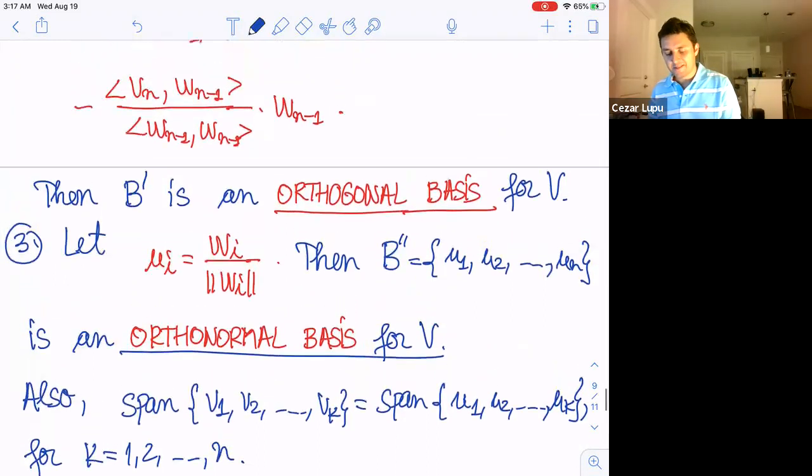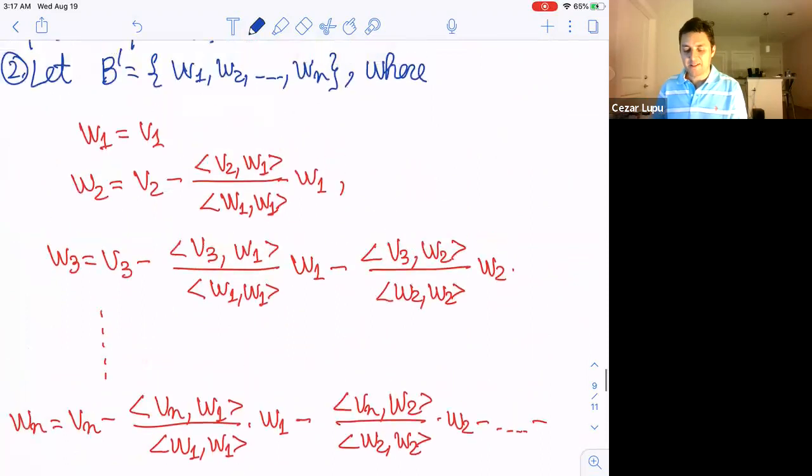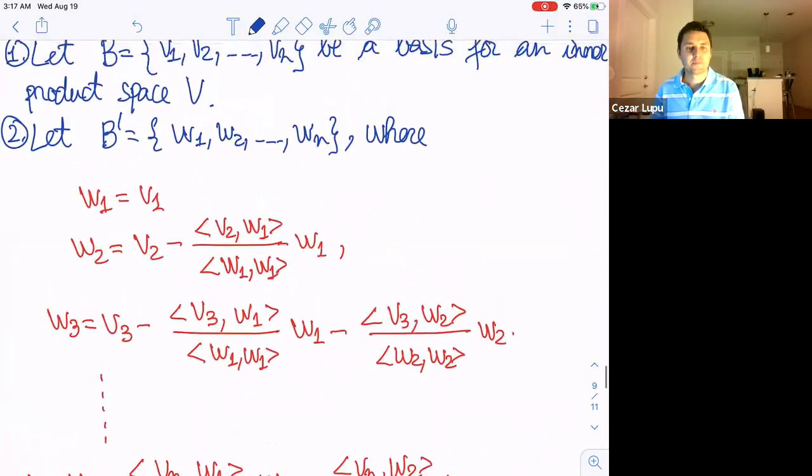Okay, this is, written in detail, the Gram-Schmidt procedure.